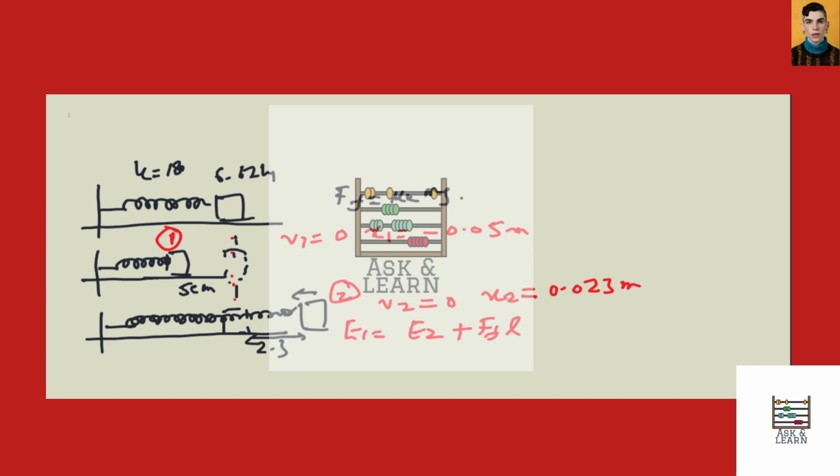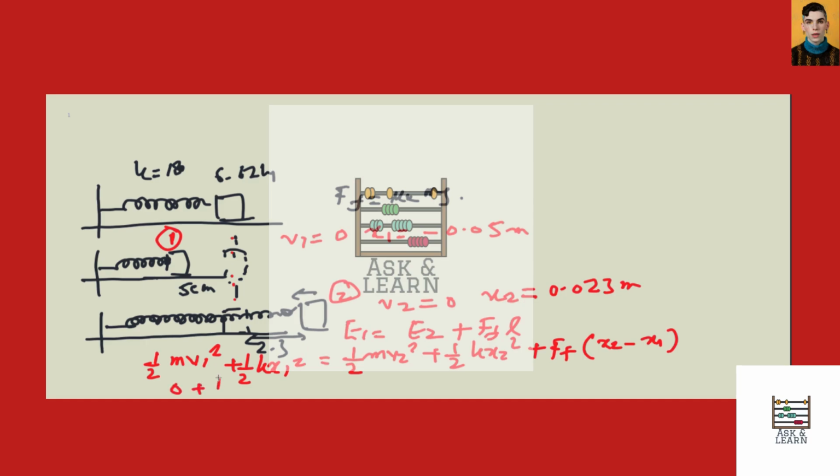Energy at 1 is equal to half m v1 squared plus half k x1 squared, and energy at 2 is equal to half m v2 squared plus half k x2 squared plus the force of friction times the displacement. So the net displacement is x2 minus x1.